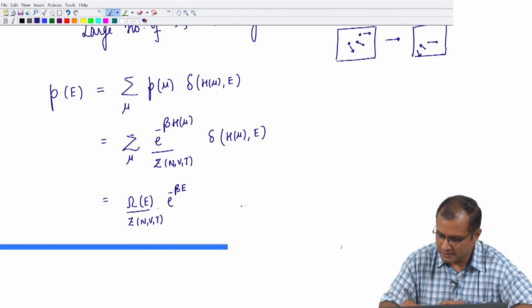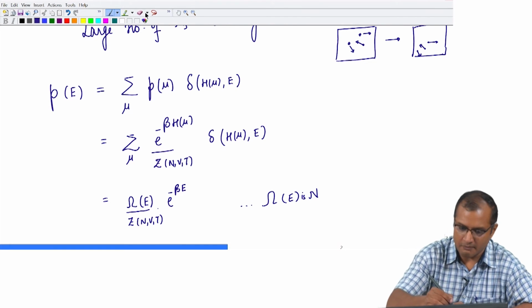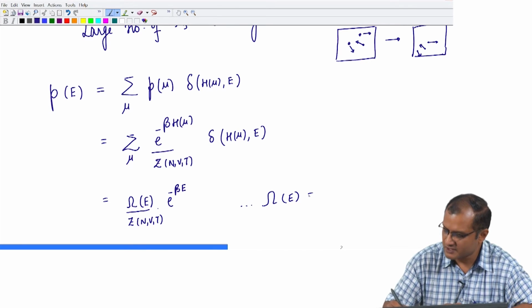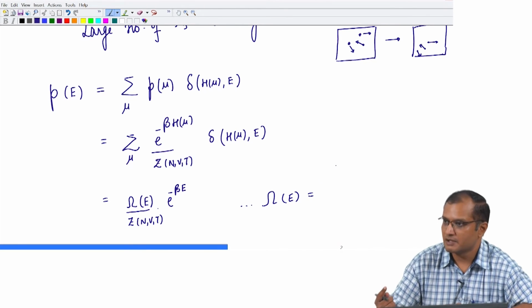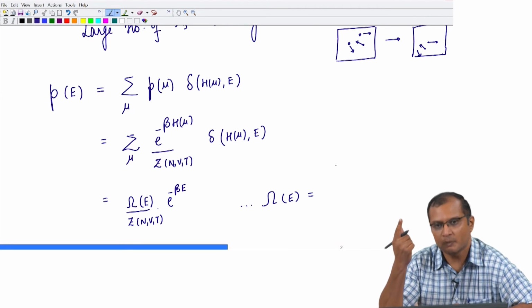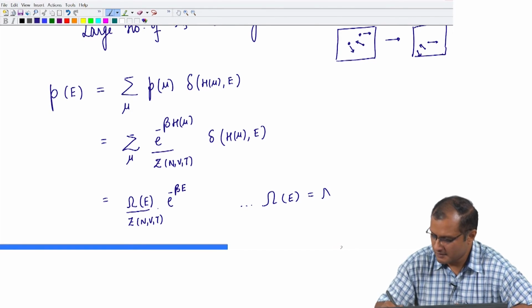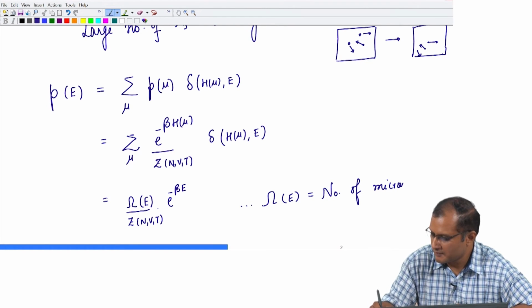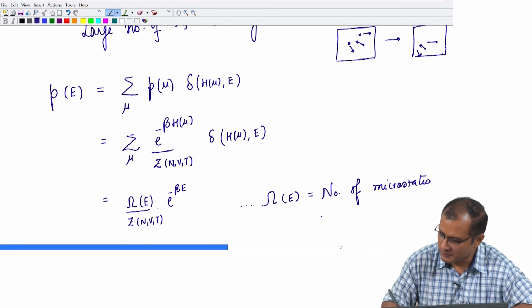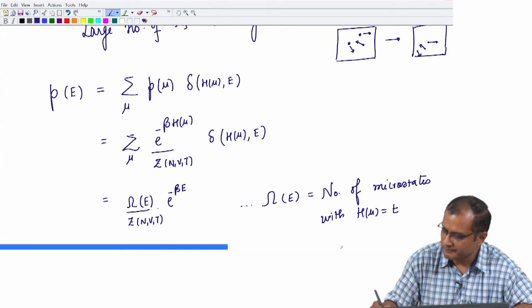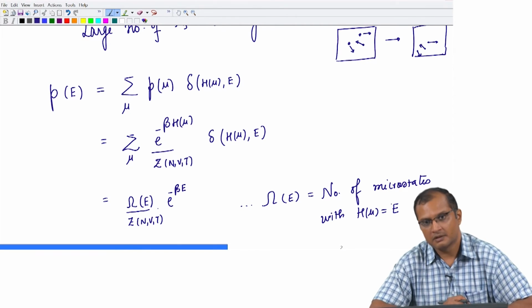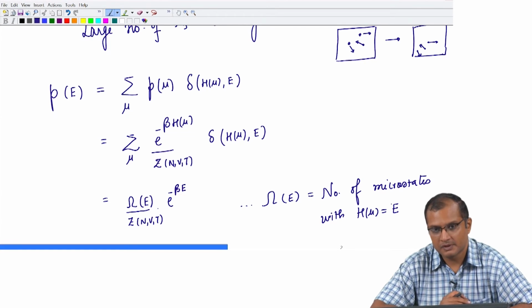So, omega E here is basically the number of microstates where the energy of the microstate of the system was E. Every time this delta function picked 1, I have counted 1.